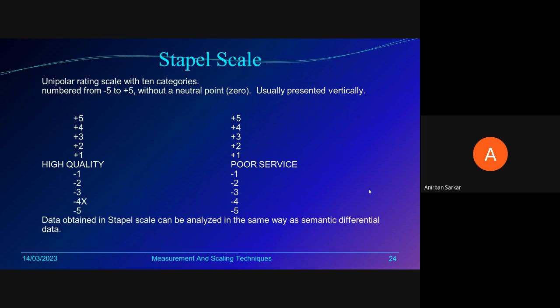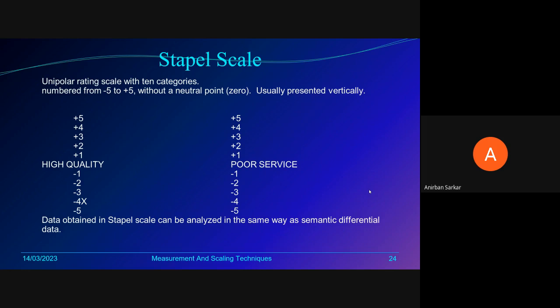So this scale is generally used vertically, and respondents are asked to indicate how accurately or inaccurately each term describes the object. Suppose you think of Big Bazaar, you are evaluating Big Bazaar on, say, high quality and poor service.